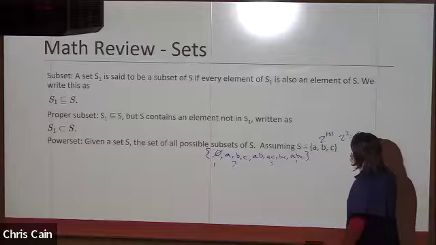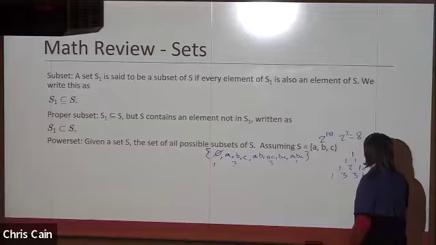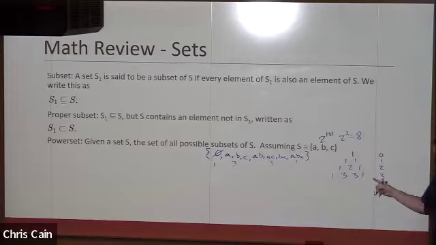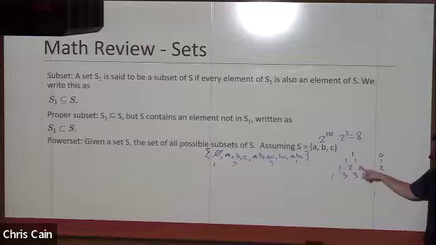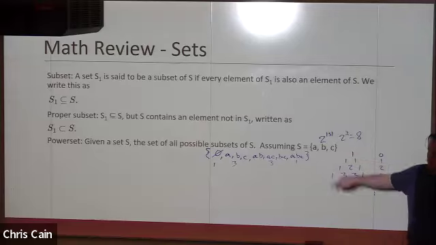If you start drawing out Pascal's triangle, we have the 0th row, the first row, the second row, the third row, etc. And the sum of every row of Pascal's triangle is 2 raised to the power of its row. And then every element here is the combination. This is 3 choose 0, 3 choose 1, 3 choose 2, and 3 choose 3. So you break this down, you get a fun, easy way to think about combinations given a particular size.